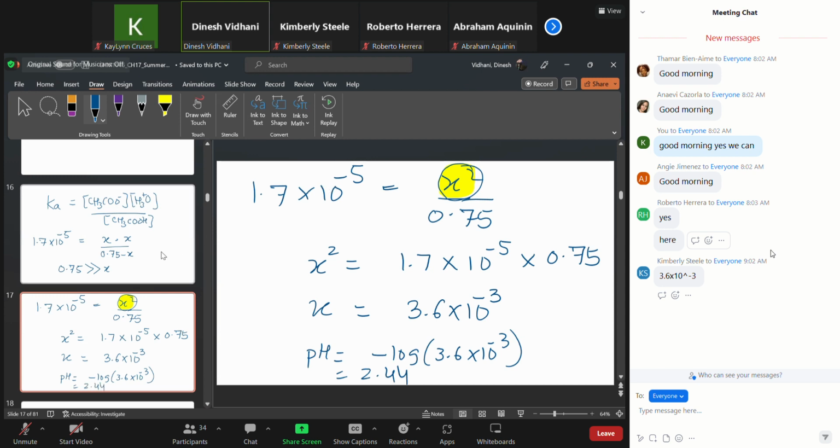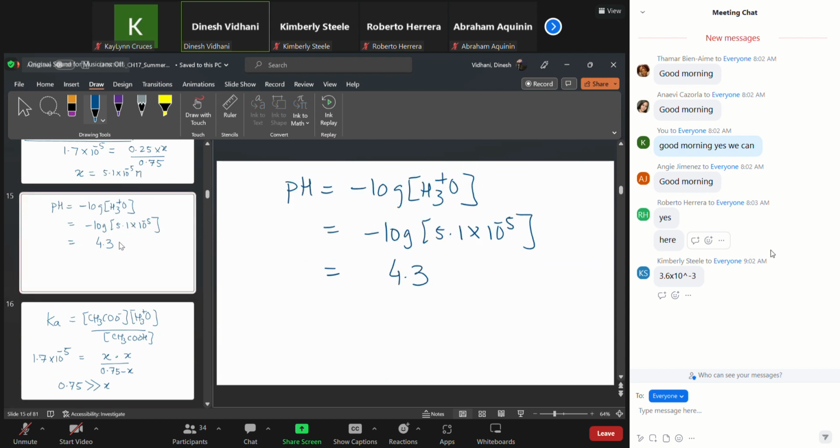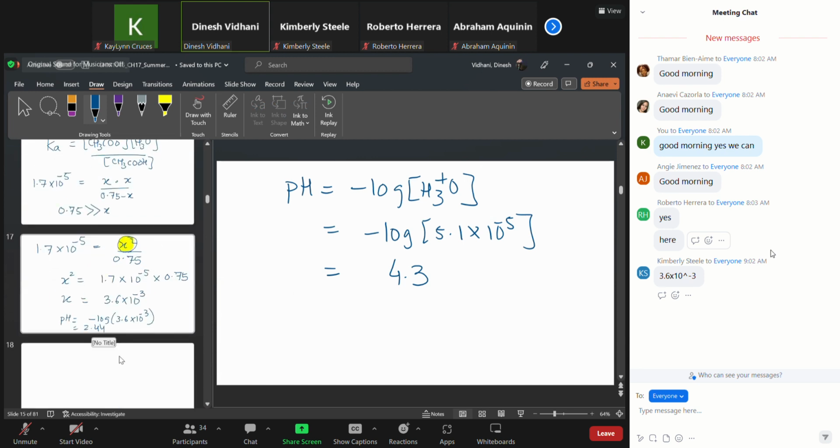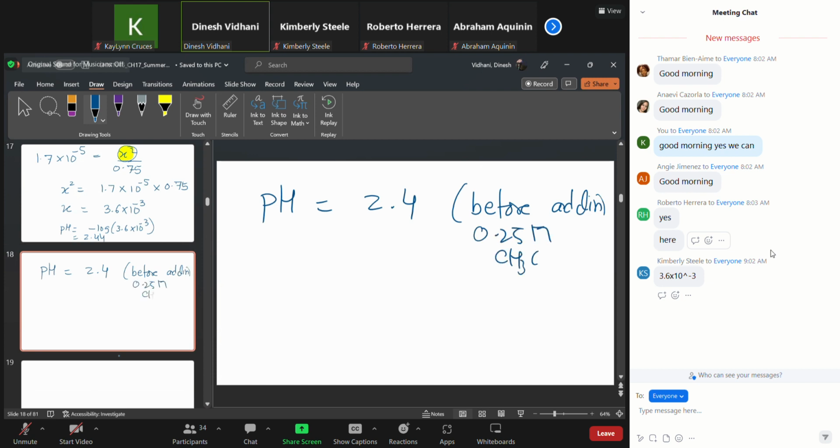Now, did you see something really interesting here? Here, I simply added the salt in my equilibrium. I did not add anything else. I simply added salt, and my pH went from 2.44. So this is pH before adding 0.25 molar potassium acetate.